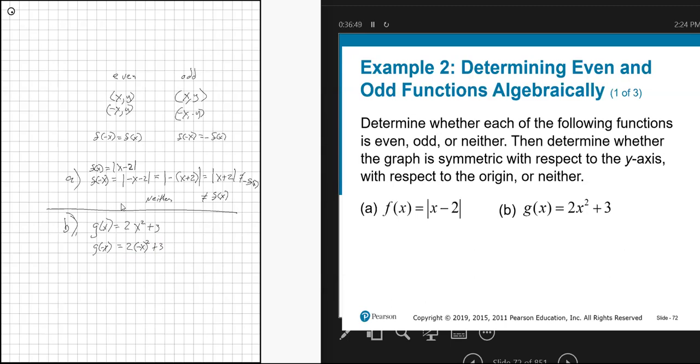It becomes positive. So this becomes 2 times x squared. The negative sign disappears because we multiplied it by itself. Plus 3. Well, isn't that g of x? So that made this function even.